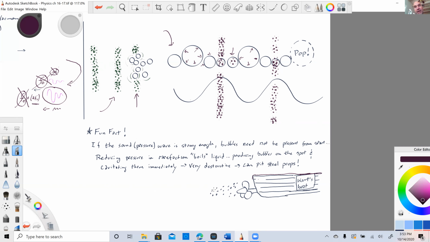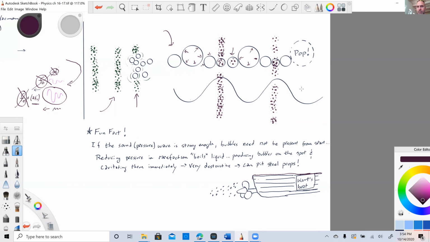When the pressure goes down, dissolved gases in the water suddenly become bubbles. And those bubbles, by the way, pop. And it's violent popping. When you look at an old prop, you see it just pitted and damaged. And well, okay, sometimes the damage is because you ran aground, but most of that damage is actually from cavitation.